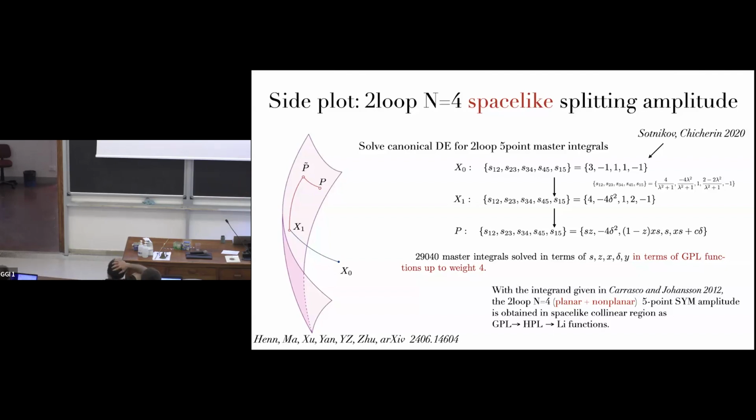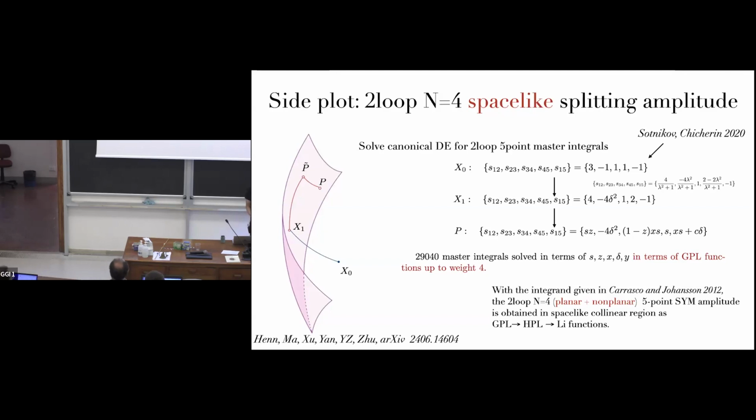At that point, we can use the PSLQ algorithm to go from numerical values of GPL functions back to some very simple numbers. Then x1 is analytic. We then solve again by two paths from x1 to p prime to p. Then we get the master integrals analytically at any generic point of this pink region.